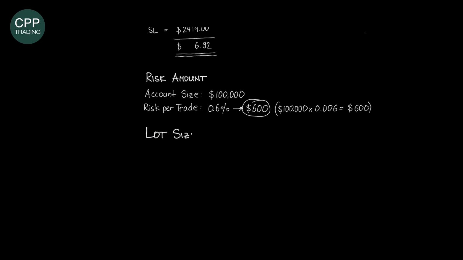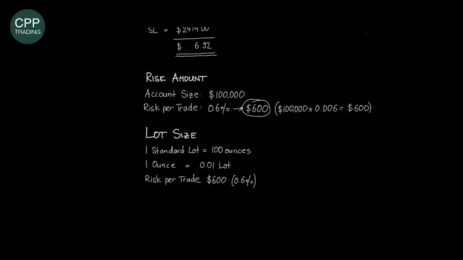The lot size. We already know that one standard lot equals 100 ounces, troy ounces to be specific, and 1 ounce is 0.01 lot. You take 100 ounces divided by 1, and the risk per trade is $600. We are willing to risk 0.6% on any given trade. Now, if the trade size is 0.01 lot, our risk is $6.92.